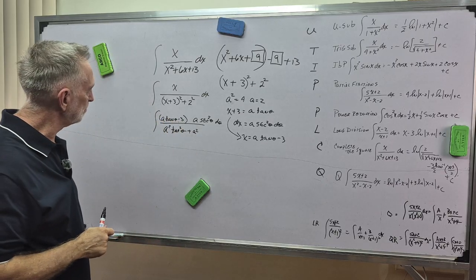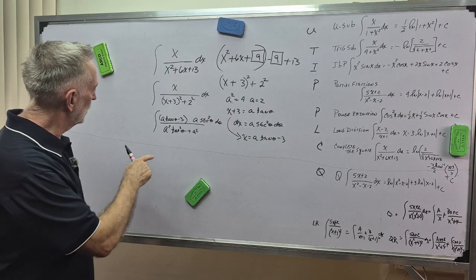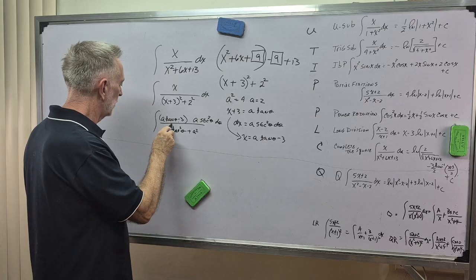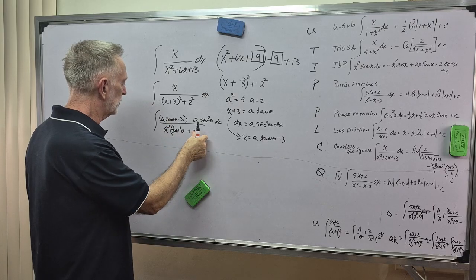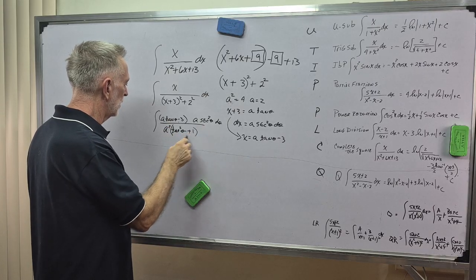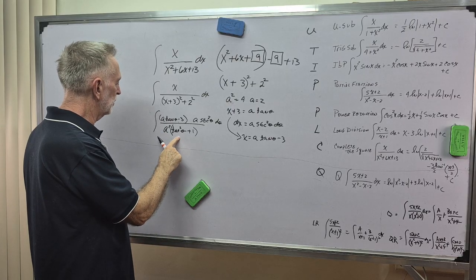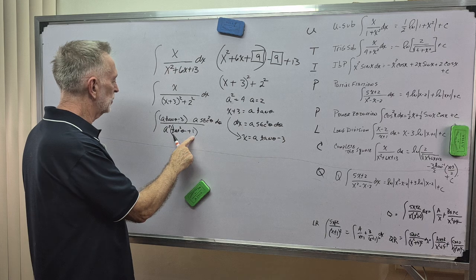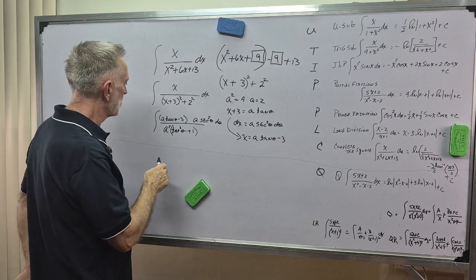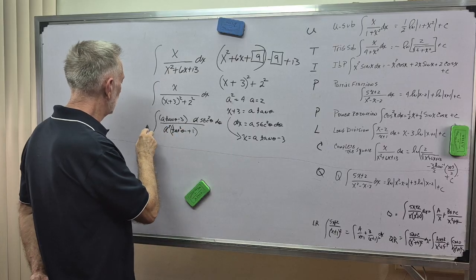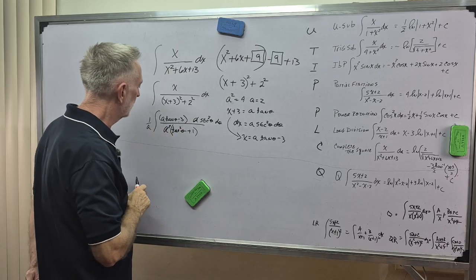Okay? Well, let's factor this a squared out down here. So I'm going to put parentheses there. So if I distribute that, that's a squared tangent squared theta plus a squared. Okay? Now I can take that a squared and this one, that gives me 1 over a.